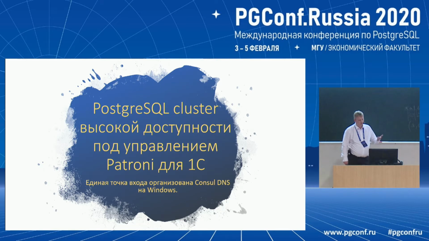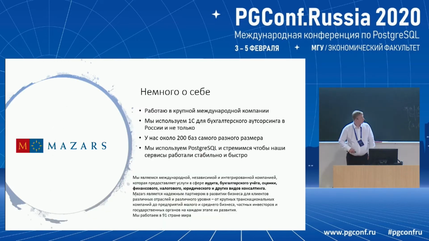And when we came to the point when we had to choose a system, to transition to a system based on Postgres, we thought about a fail-safe system that would ensure stability. So my report will be about that.